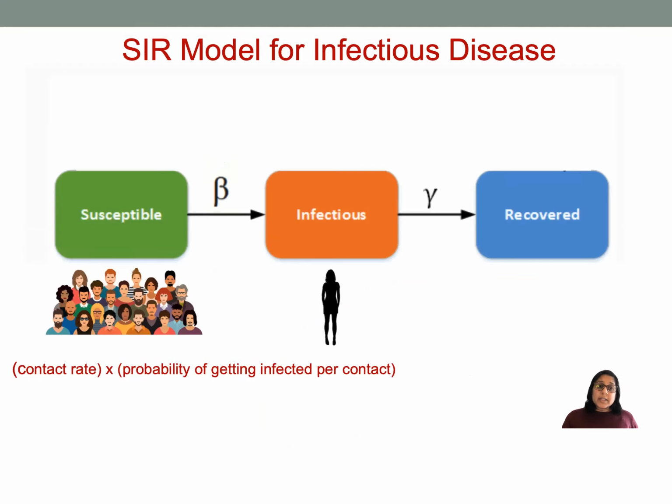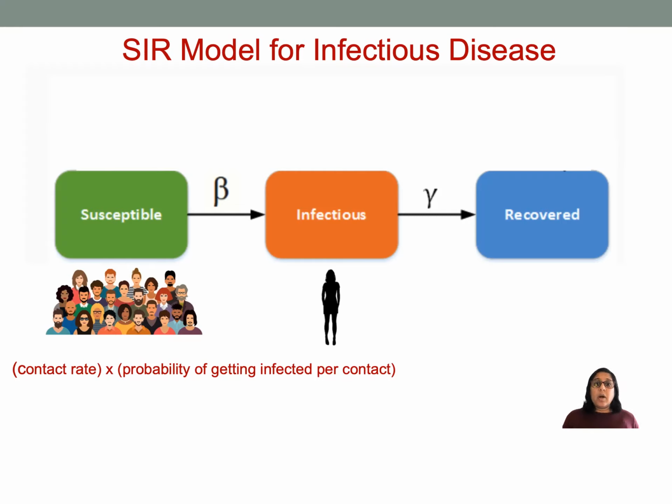It depends on the contact rate, meaning how many people you run into every day, let's say, and the probability of getting infected per contact. So how many of the people you run into are themselves infected, and how likely is it that you're going to get infected per person that you run into?